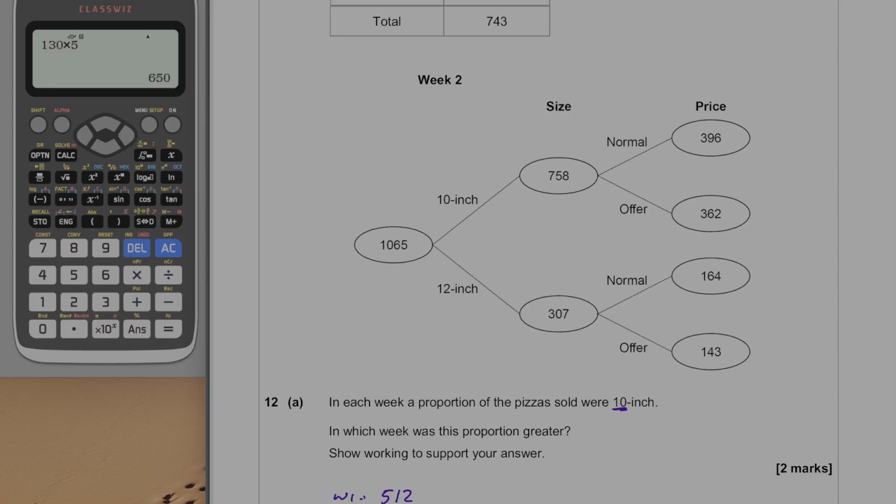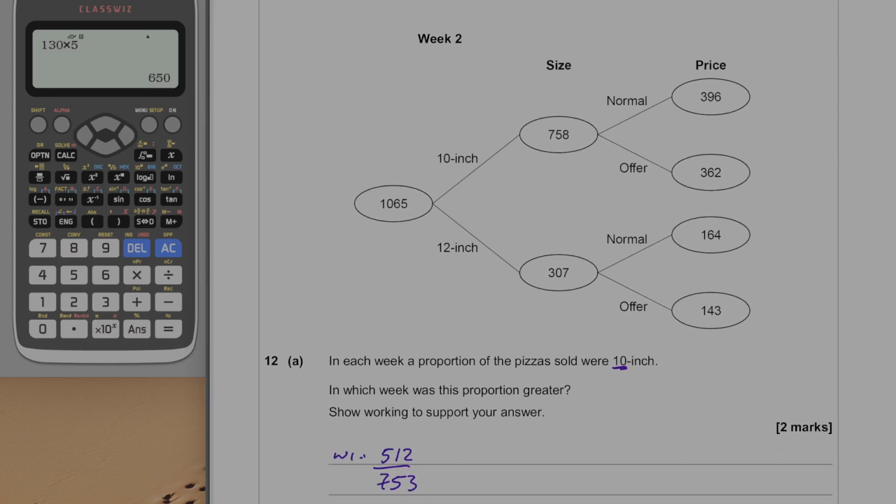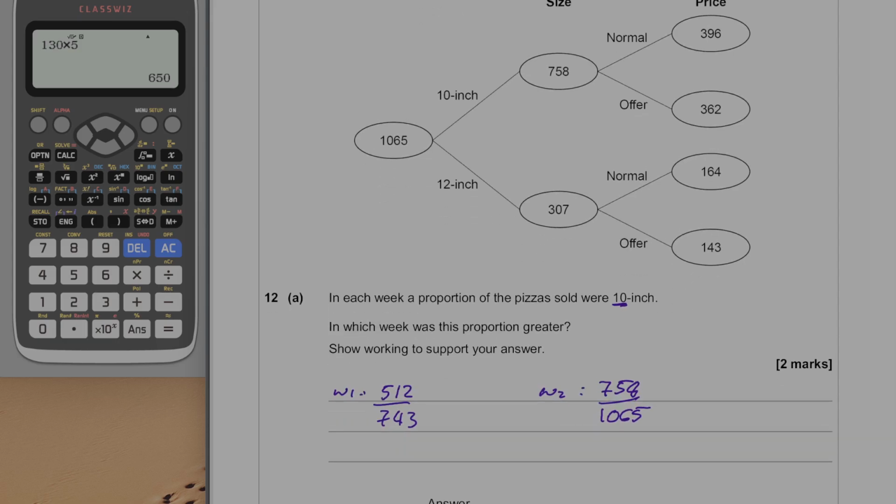And I will go decimal on that shortly, but I'm just going to write my other sum down beforehand. And in week 2, the proportion of 10-inch pizzas is 758 out of 1065.